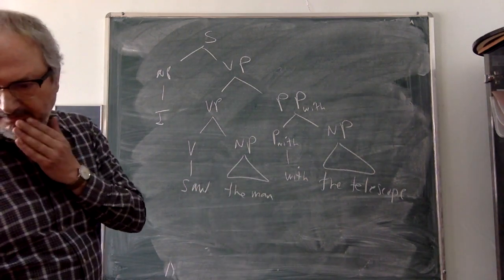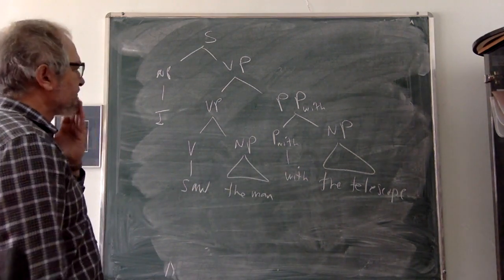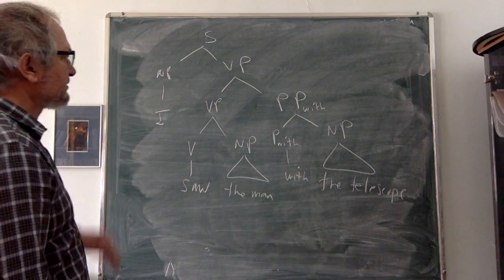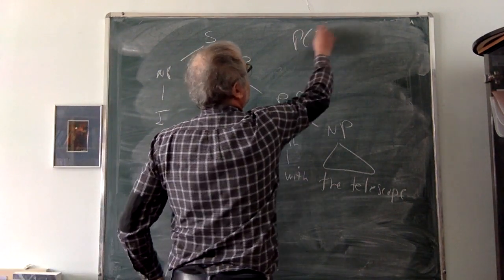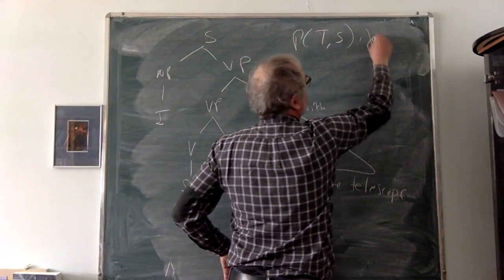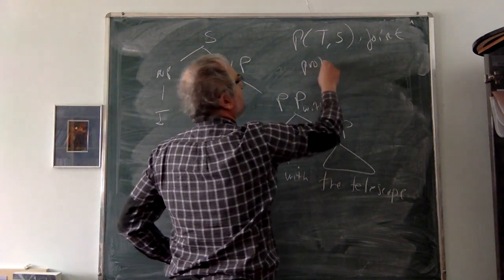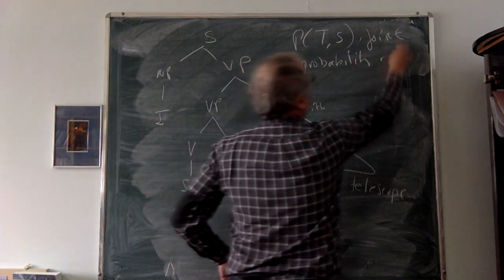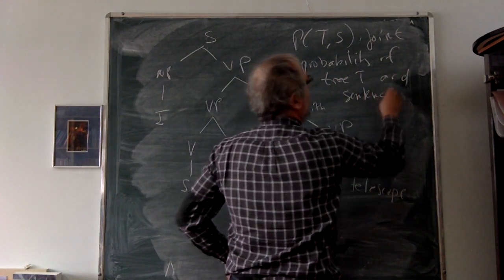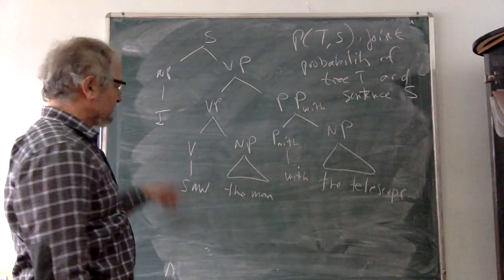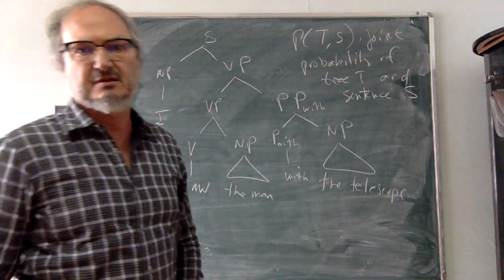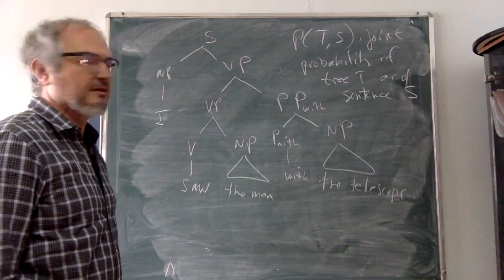Well, we're going to talk about the joint probability of the tree T and sentence S. I'm going to explain what joint probability means to the extent that we need it in class.